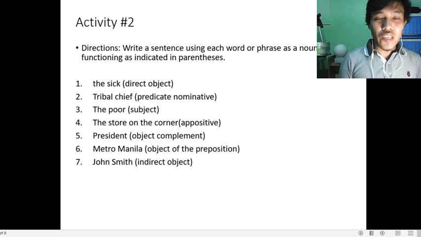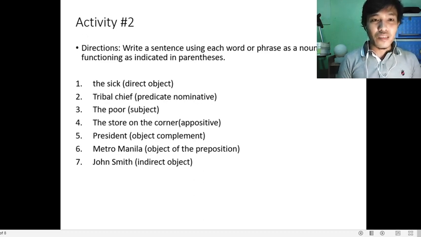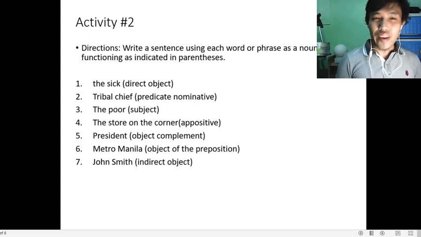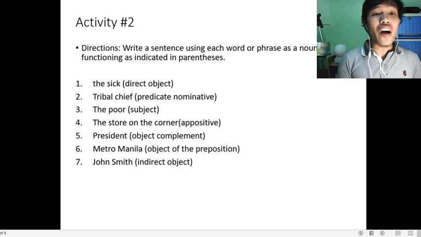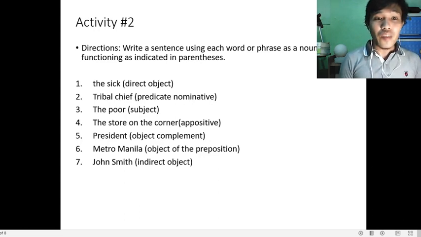For your activity number two, the directions: write a sentence using each word or phrase as a noun, functioning as indicated in parentheses. Number one, the sick: use that as the direct object. Tribal chief: use it as predicate nominative.